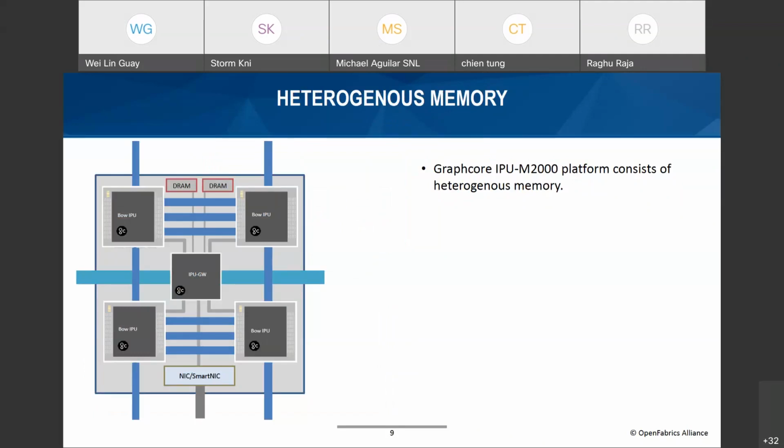As most of you know, most systems today consist of a combination of various components such as FPGAs, accelerators, and various memory controllers, and there's no exception in our BAU M2000 platform. Our platform has an in-house built DDR controller residing inside the IPU gateway, mainly to provide a fast path from the platform to the IPU device. We name it the streaming memory.